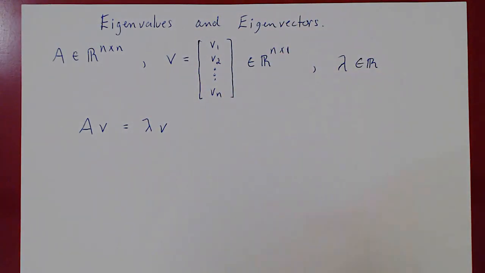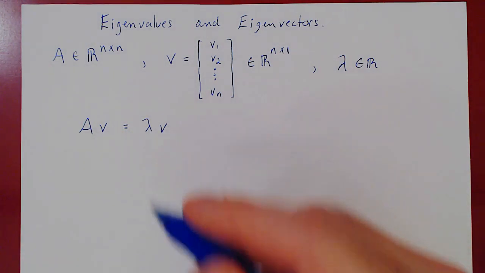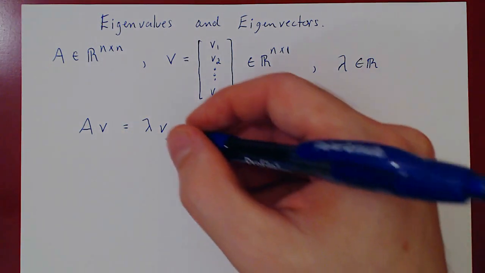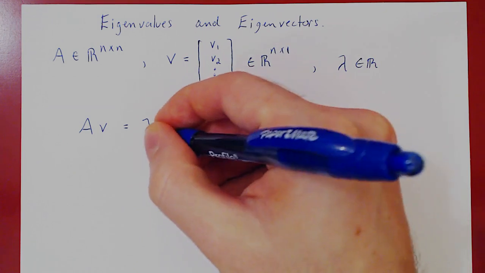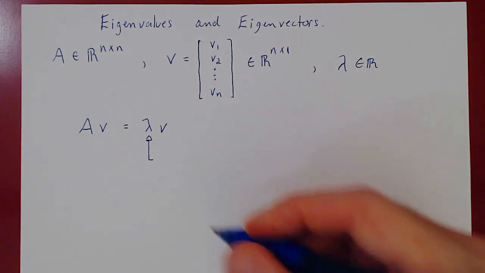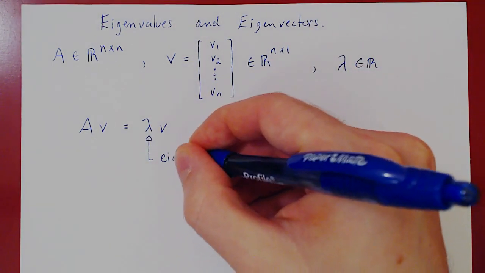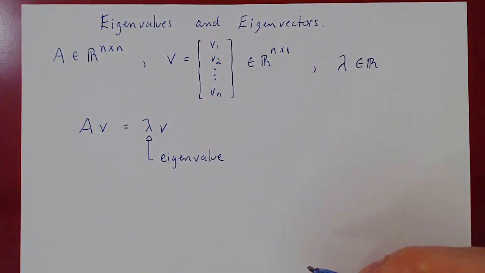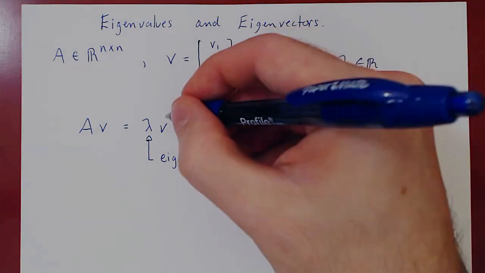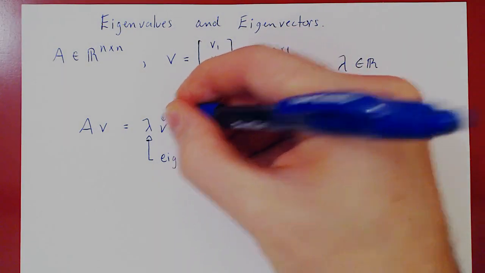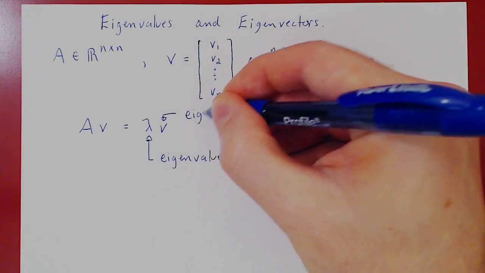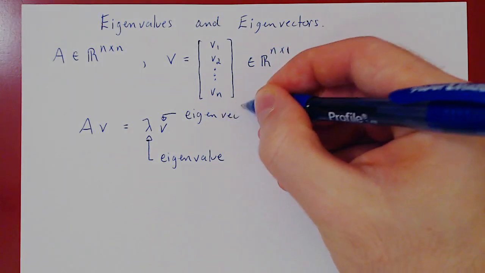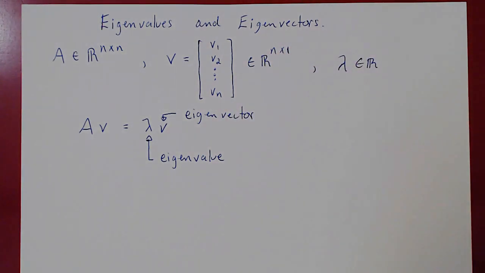If this happens, if AV equals lambda V, then we call lambda an eigenvalue of A, and we call V an eigenvector. So they go in pairs, right?